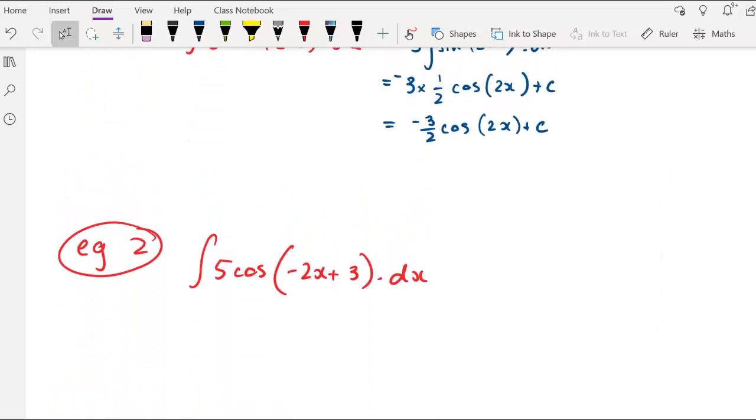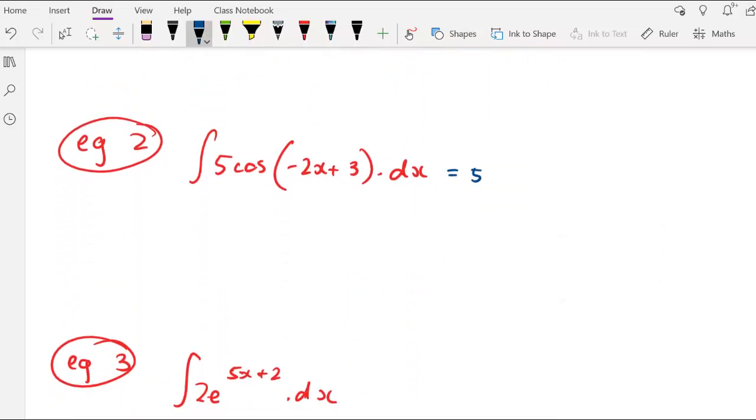When we look at the next question, we can take a similar approach. We can take that 5 out in front, and we've got 5 multiplied by the integral of cos(negative 2x plus 3) with respect to x. Now the integral of cos is sine. We have to divide by the derivative of this bracket, so that's that 1 on a thing.